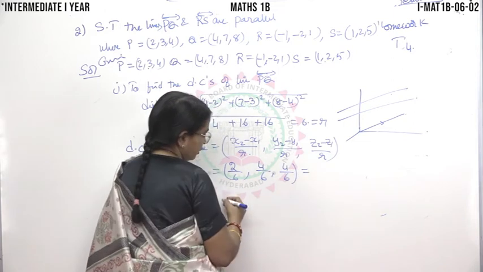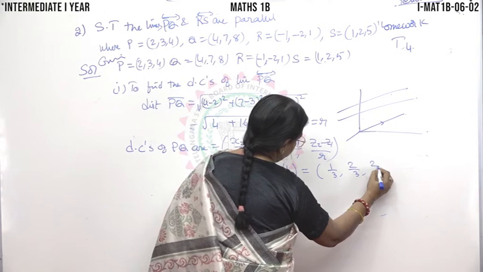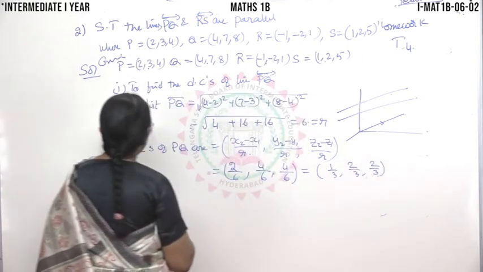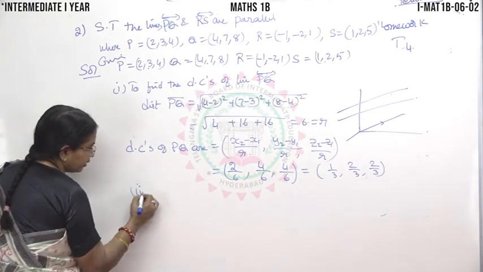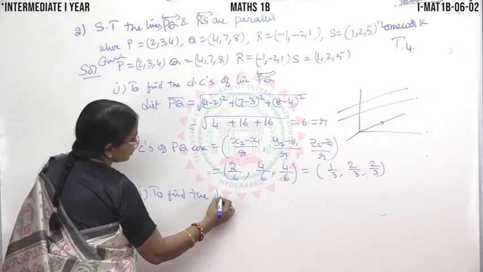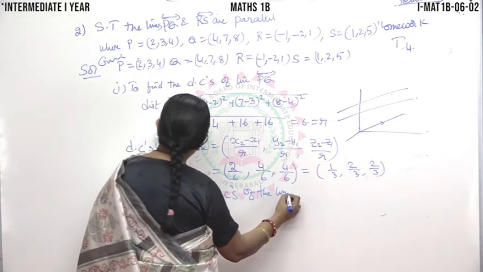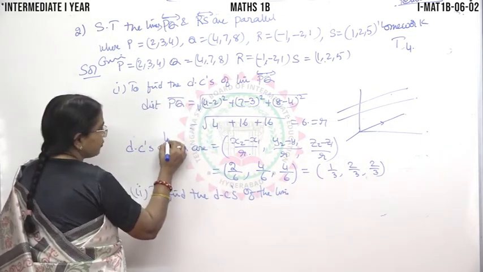So that is equal to 1 by 3, 2 by 3 and 2 by 3. These are the DCs of line PQ.